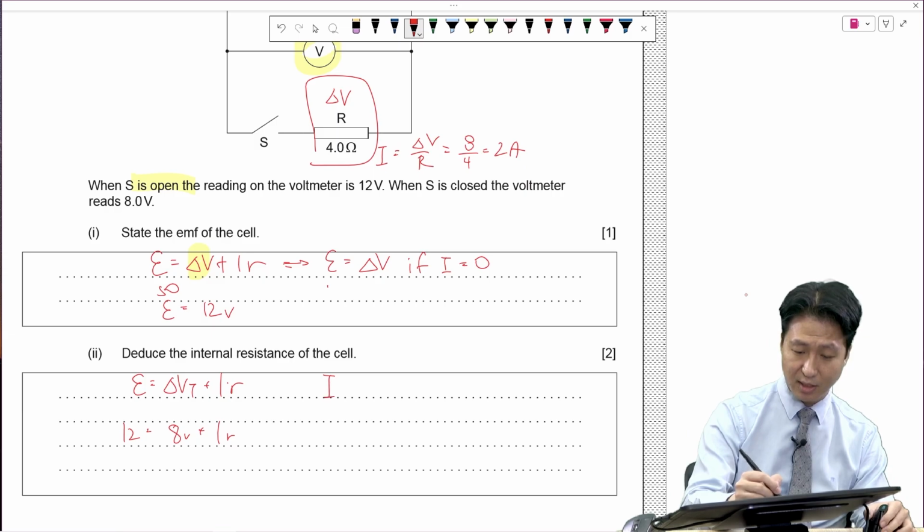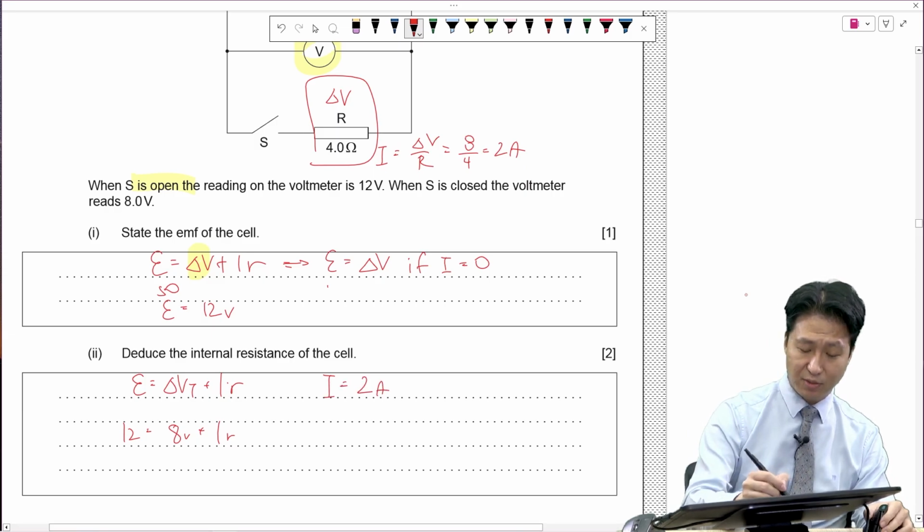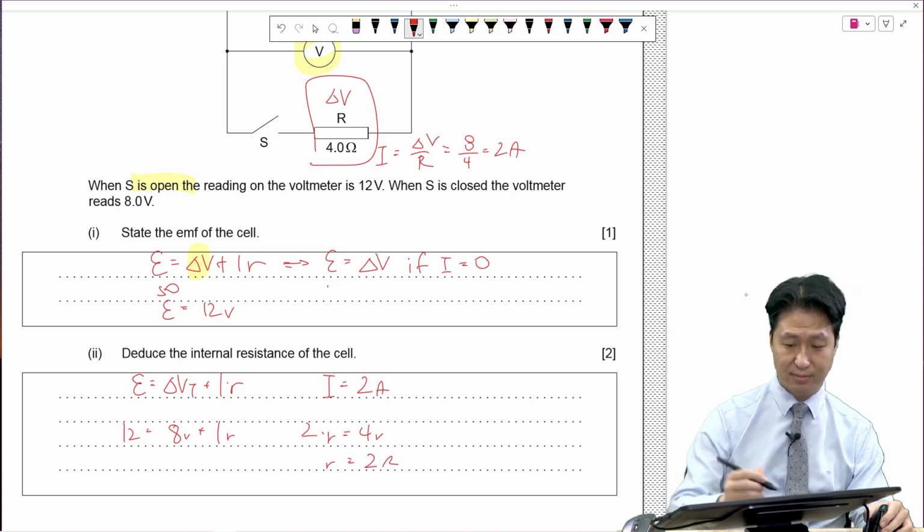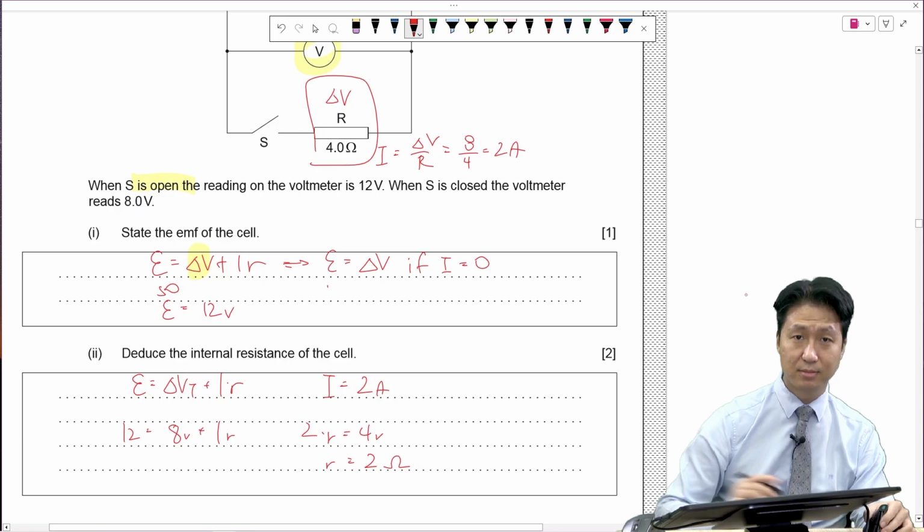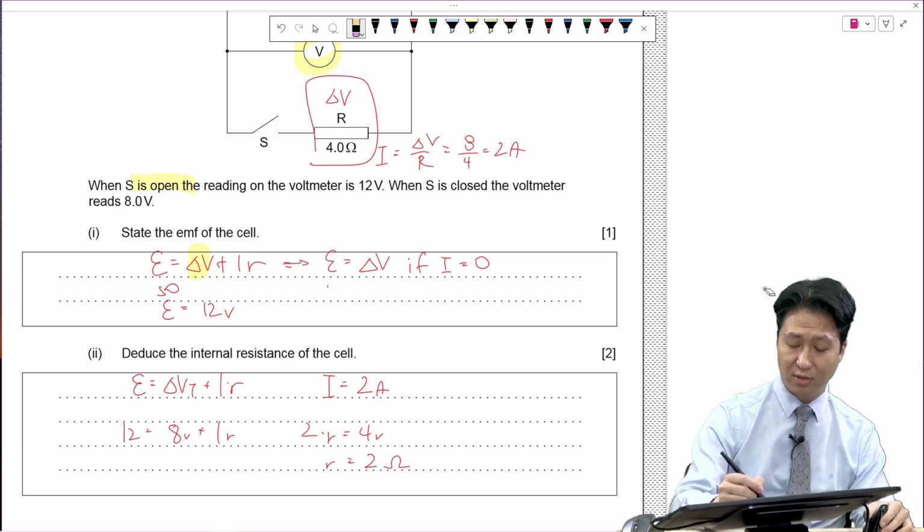So current is 2 amperes, which means current times internal resistance is equal to 4 volts. The current is 2 amperes, internal resistance is 2 ohms. And if you use the correct number of significant figures, it would be 2.0.